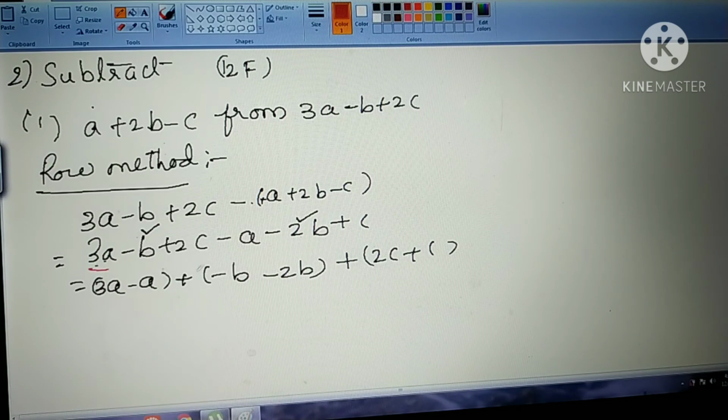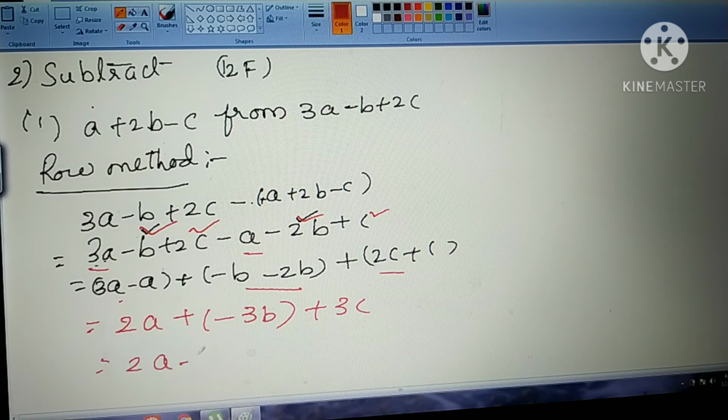So a completed. After that b completed. After that c completed. Now see 3a minus a. What you get here? 2a. Minus b minus 2b, both the signs you can add. So minus 3b. Plus 2c plus c, 3c. So this is your algebraic expression after subtracting.